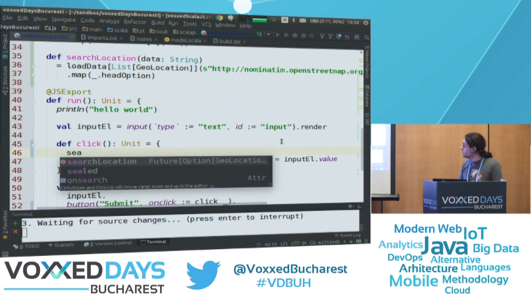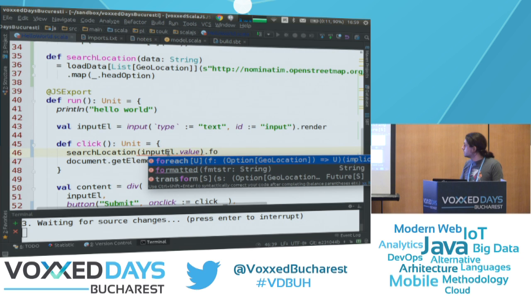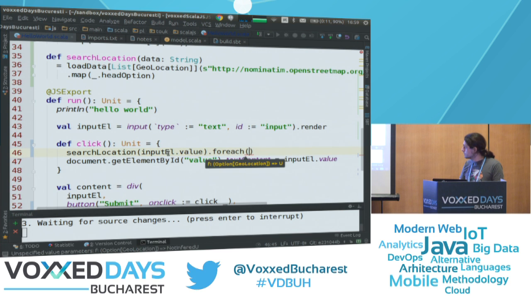So when we click, what do we do? We do search location of add element, get value, and foreach, again, this is a normal method from the Scala API. Maybe location, maybe something is found, maybe not. Who knows?